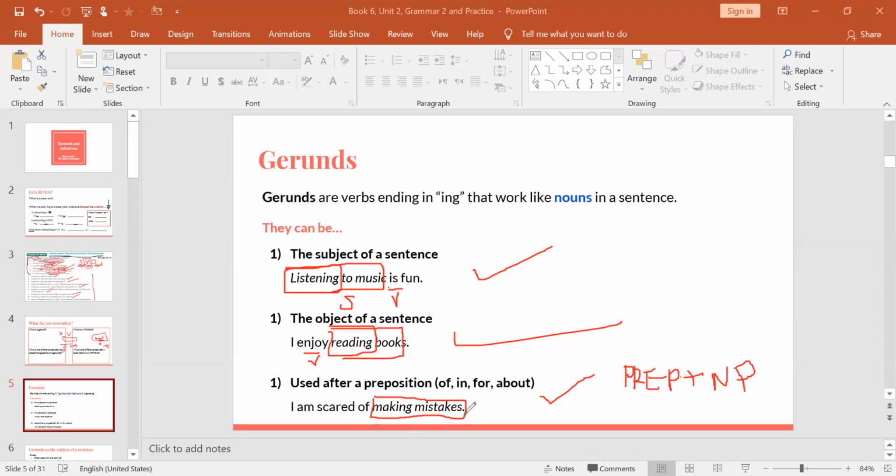And so the making mistakes is the noun phrase, and the making, again, is a verbal noun. Okay, so it's coming from the verb and it's being moved into functioning like a noun. So basically gerunds are verbal nouns that are derived from verbs. That's the basic definition. Okay, so let's move on.